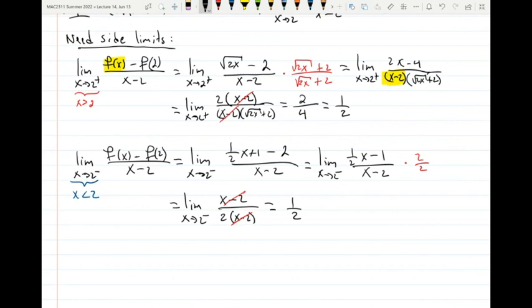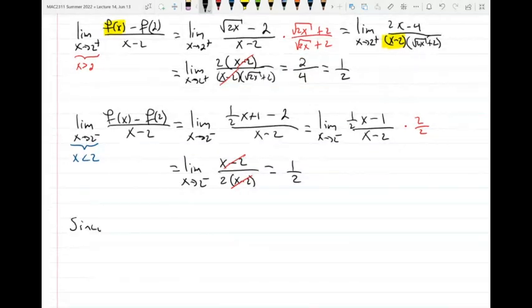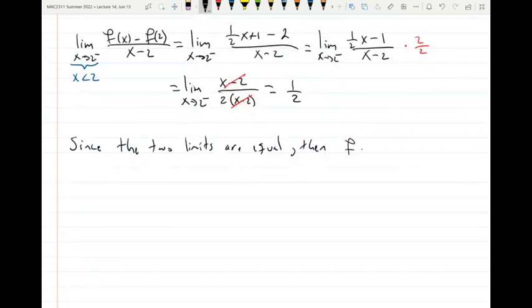So now we see the right limit was equal to a half, the left limit is equal to a half. So what can we conclude? The limit exists, and what does it equal to? 1 half. So the derivative of the function is 1 half at 2. Since the two limits are equal, then f is differentiable at x equal 2.